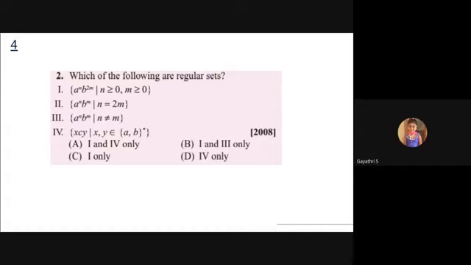Post your answer. Regular language means a language which is accepted by a finite automata, right? Context-free language means a language which is accepted by a pushdown automata.